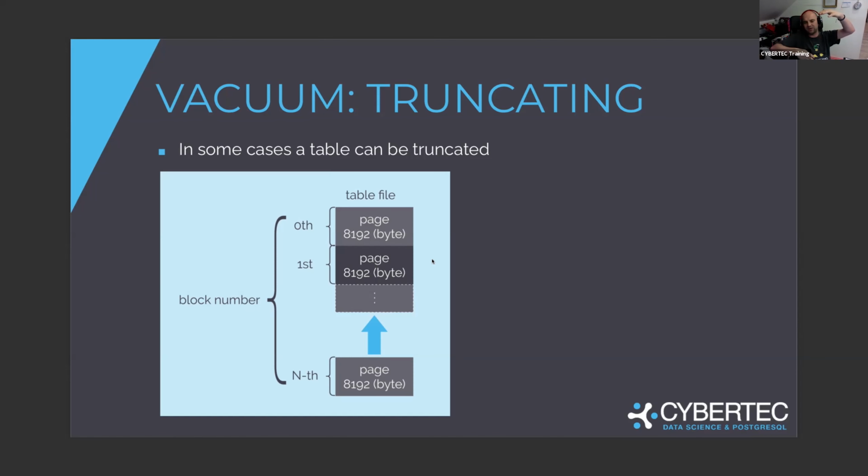All the rest is empty because of some aborted insertion or something. Then vacuum can shrink the table. It's just not very likely that this is possible. Okay, so in the normal system, a normal OLTP system, that's not feasible at all. Okay, but it can be feasible in some warehousing, staging tables, or something like that.